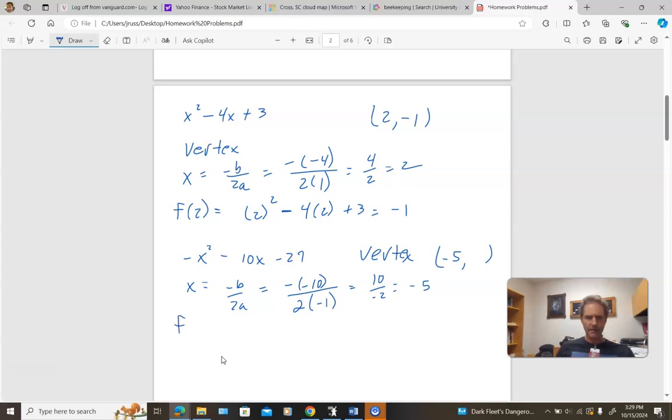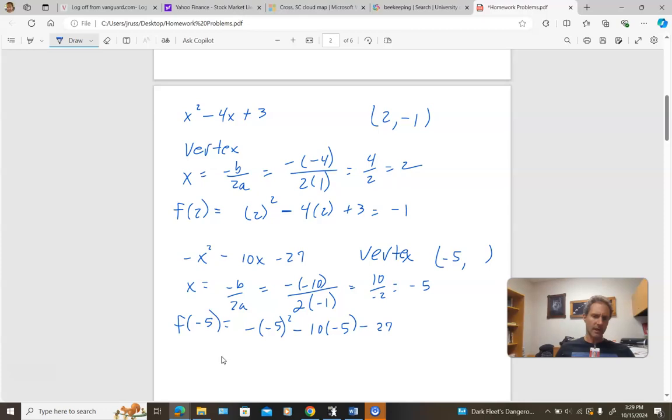Now to find my y-coordinate, I'm going to plug -5 into my function. So be careful when you're doing this. This negative is already in front of that x squared. So I have a -5 squared minus 10 times -5 minus 27.